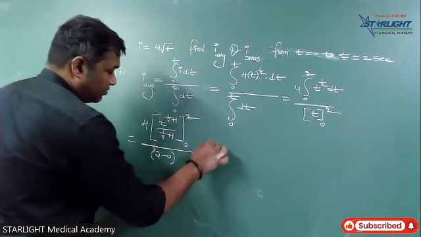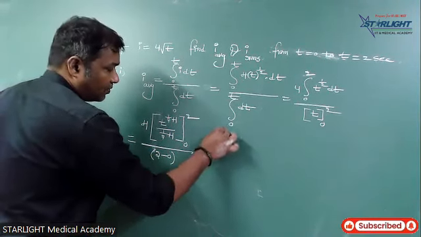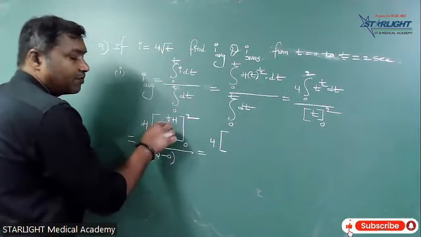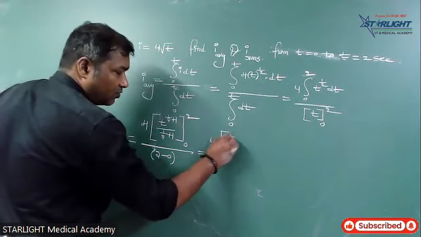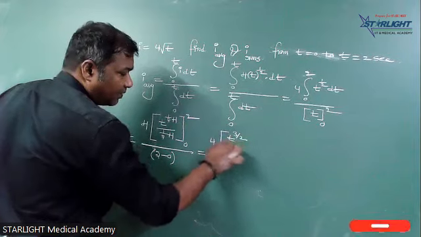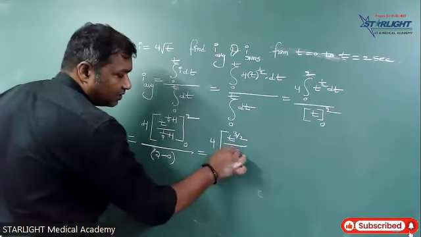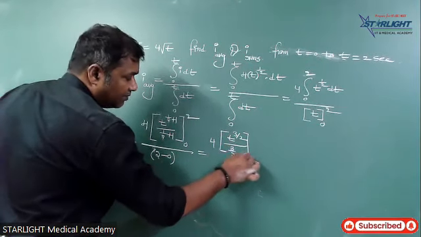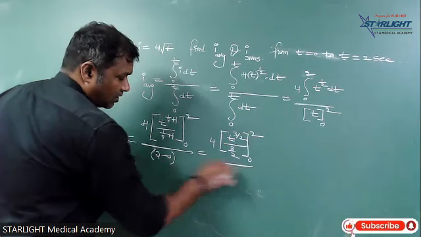That is 4 t power 3 by 2 upon 3 by 2, limits 0 to 2, upon 2.